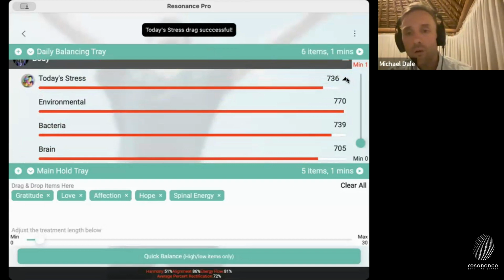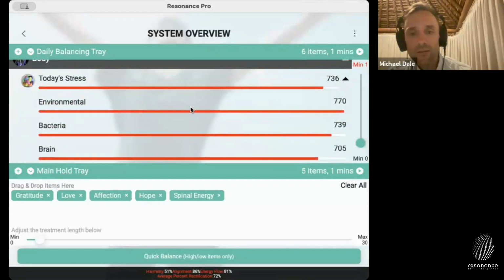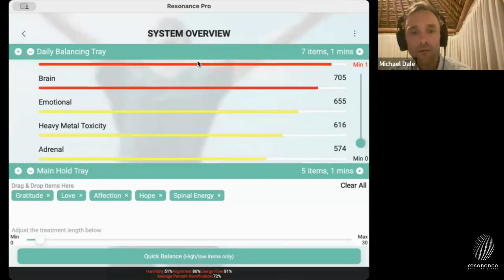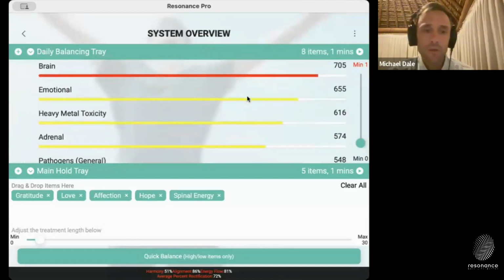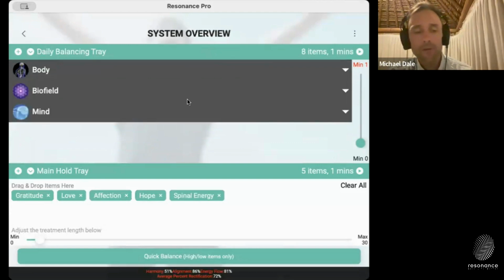Entire category goes in, or we can put a subcategory in there. So this is environmental, stress, bacteria, for example. So we've looked at those.